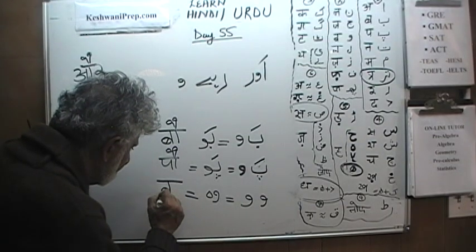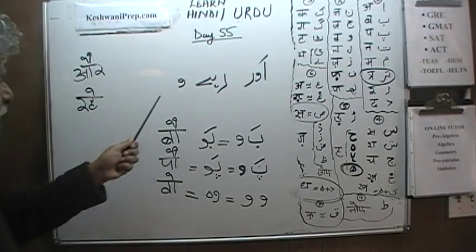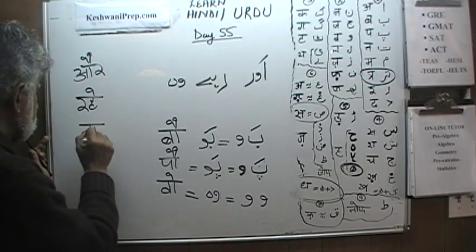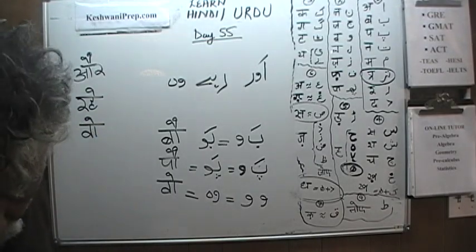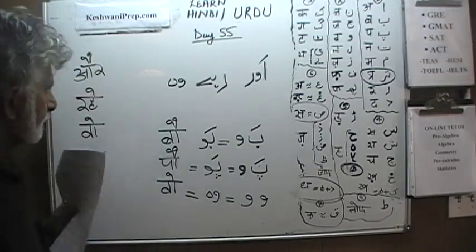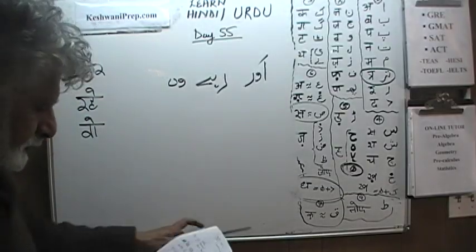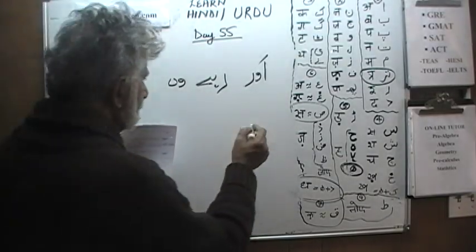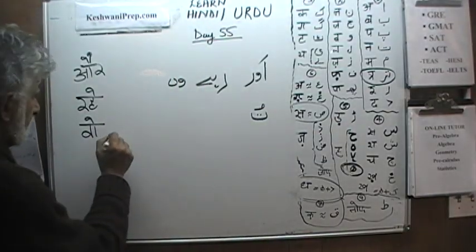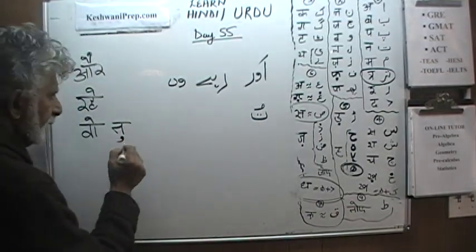And now it reads wo. Or rahe wo. Tuj. Tu, choti o ki matra, and a ja.